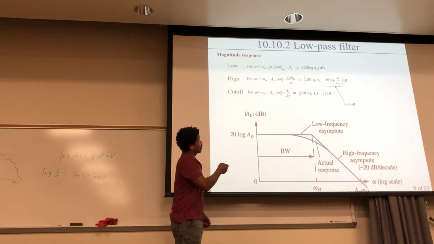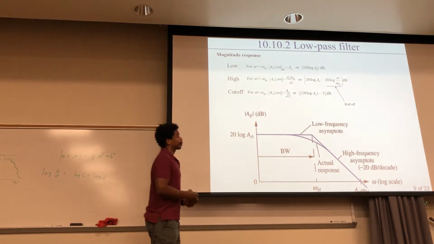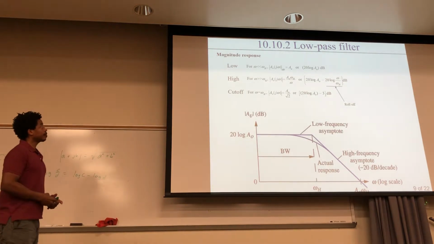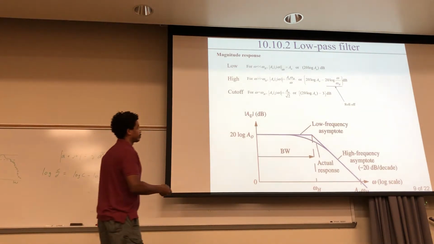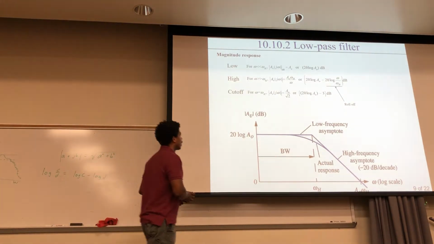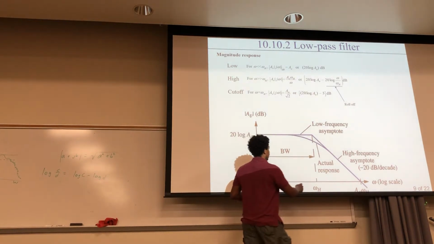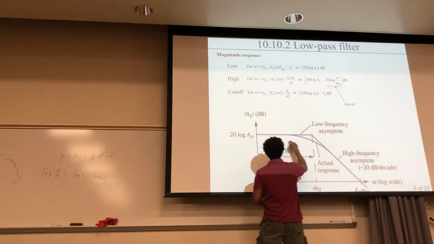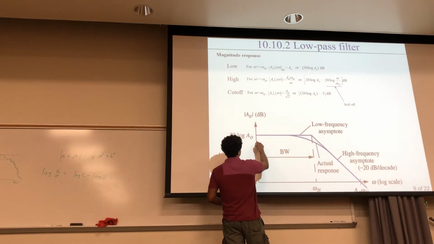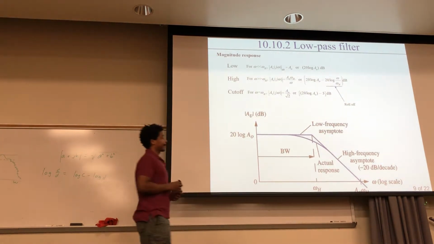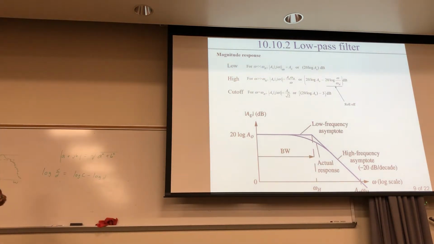So that's like a slope. And here's cutoff, right here. So this point right here, if you went over here, that would be 3 decibels below this. Okay. So any questions about this plot right here?